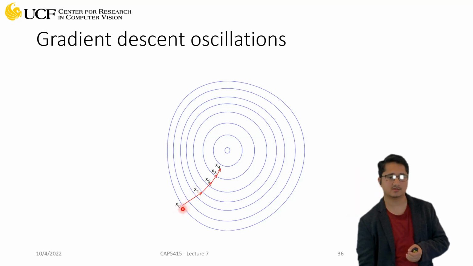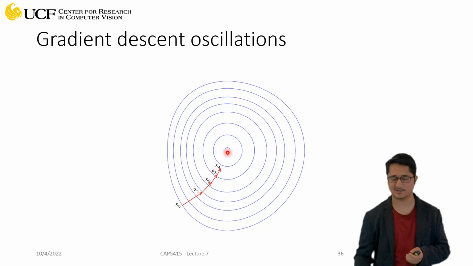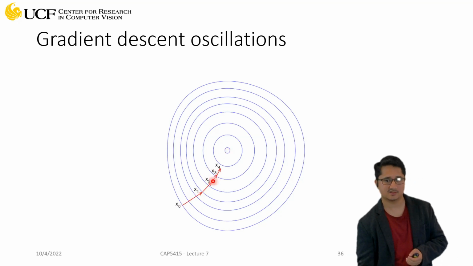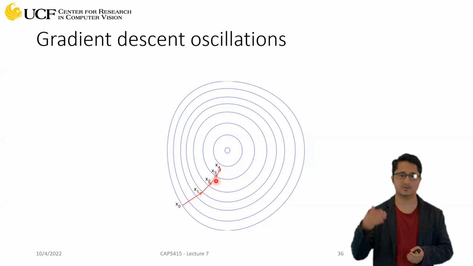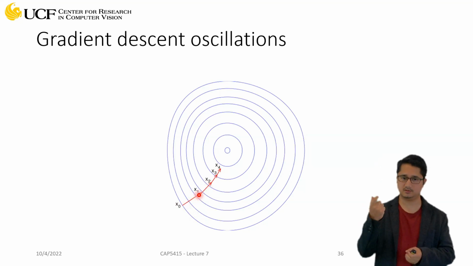If this is your starting point, your end goal is to reach this point. Of course, the best way would be to just jump there, which is not possible. That's why we take tiny steps, and each step goes in that direction. How big these steps are is controlled by the learning rate.